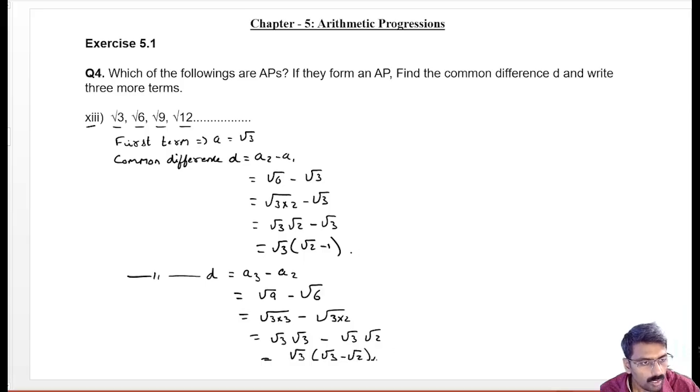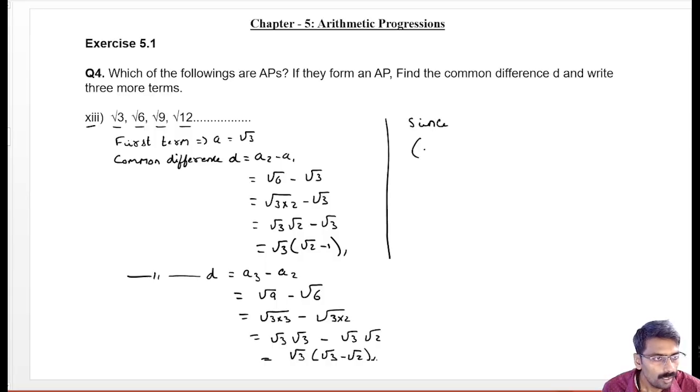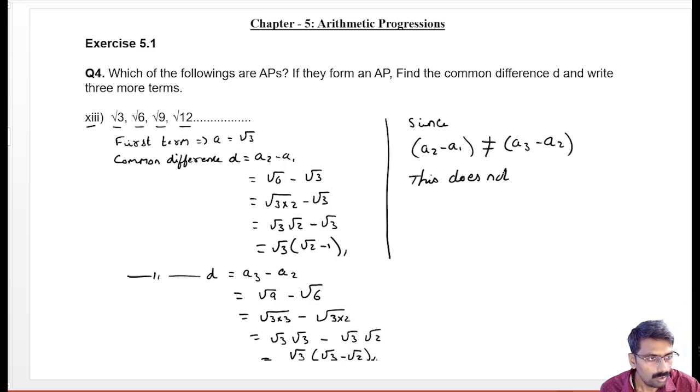So when we see here, our common differences are not equal. So since a2 minus a1 is not equal to a3 minus a2, this does not form AP. So this would be our final answer.